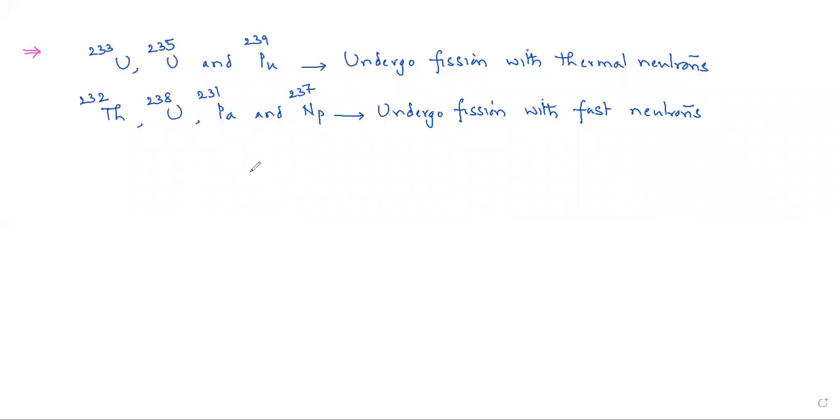Coming to the chain reaction. Let us see what happens. When a neutron is captured by a uranium nucleus, it splits into two nuclei of intermediate masses.